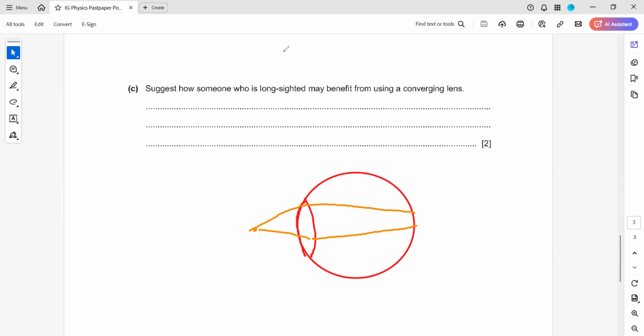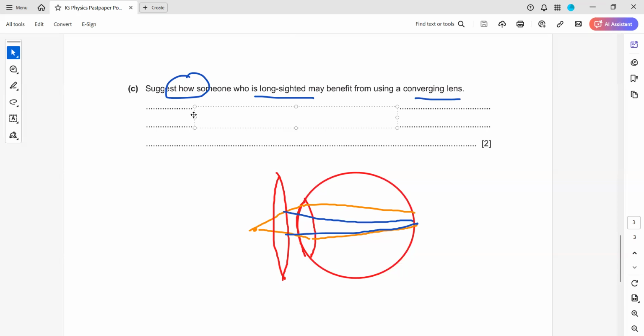Long-sightedness means we can see objects which are far, but not objects which are close. So how does the convex lens help? The convex lens will have a shorter focal length than our eye lens, so it will converge these light rays on the retina.